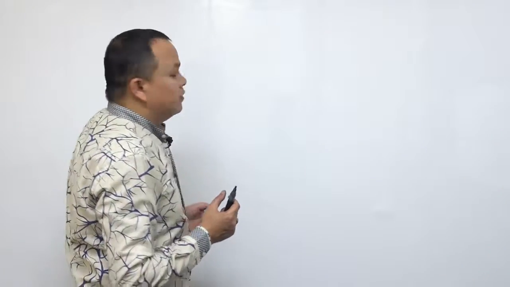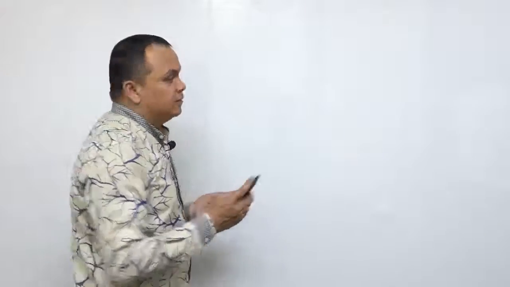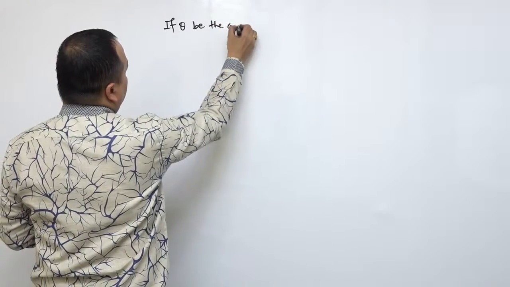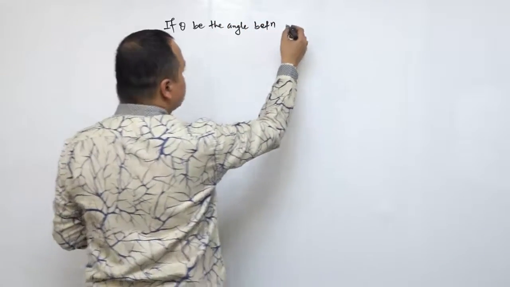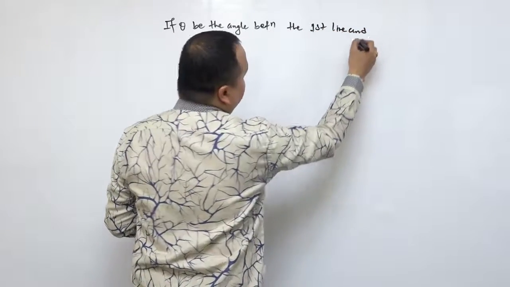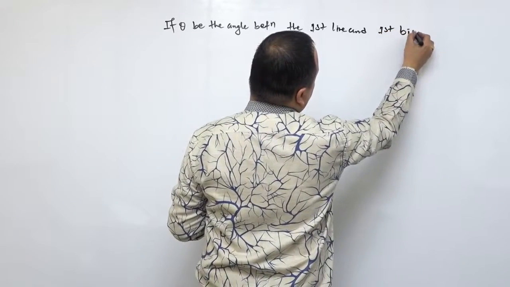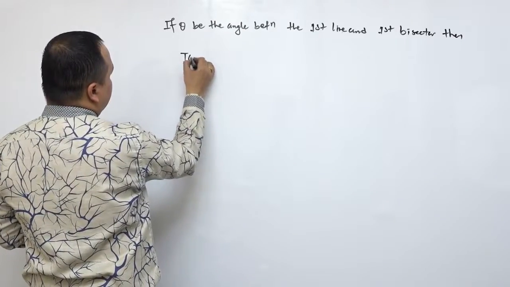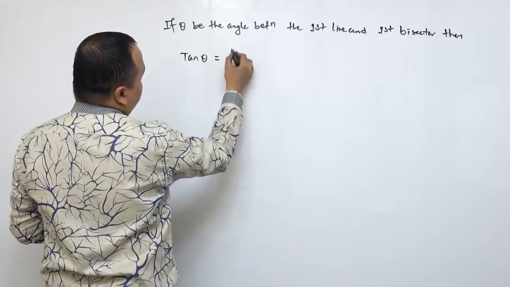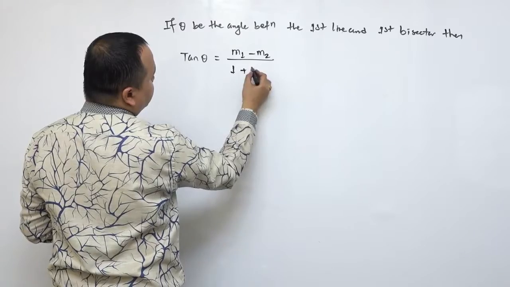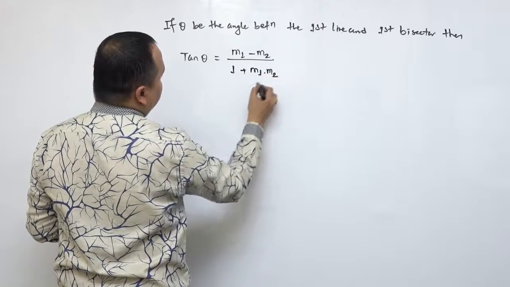If theta be the angle between the first given line and the first bisector, then tan theta is m1 minus m2 upon 1 plus m1 into m2.